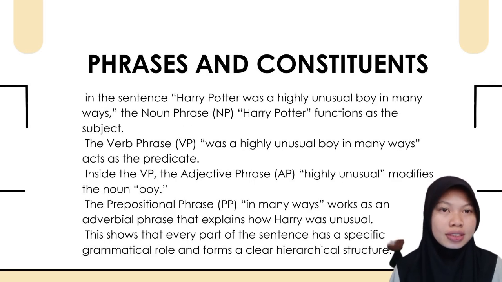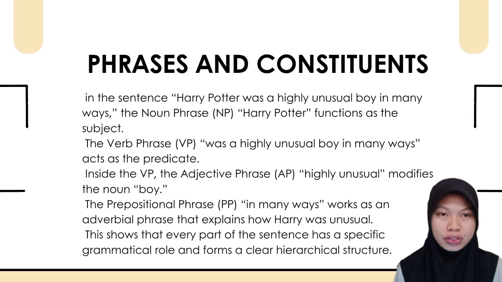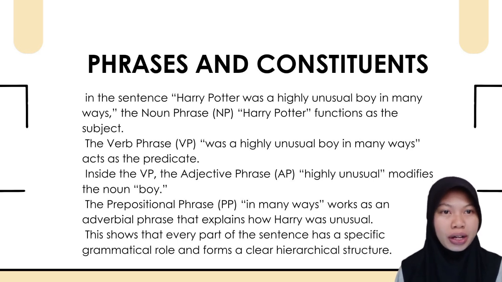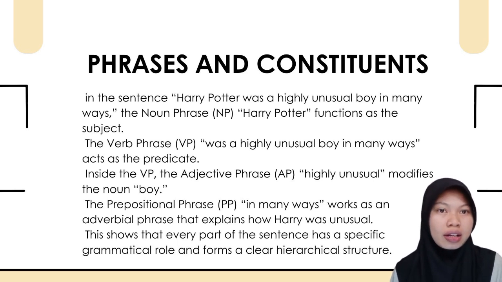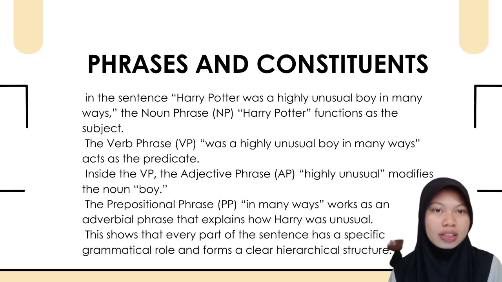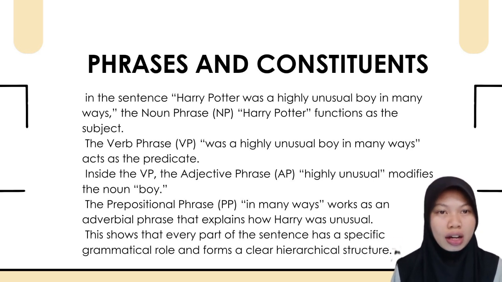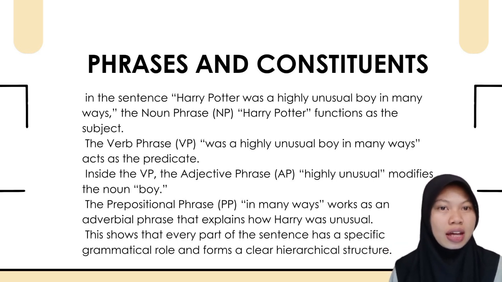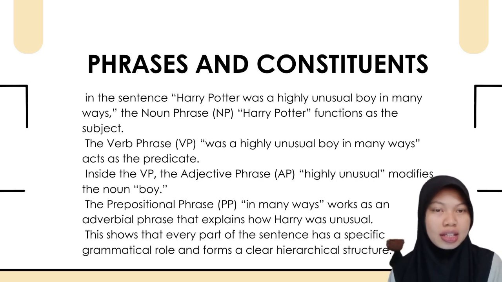Now let's move to phrases and constituents. In the sentence, Harry Potter was a highly unusual boy in many ways, the noun phrase is Harry Potter, and its function is the subject. The verb phrase is was a highly unusual boy in many ways, which acts as the predicate.